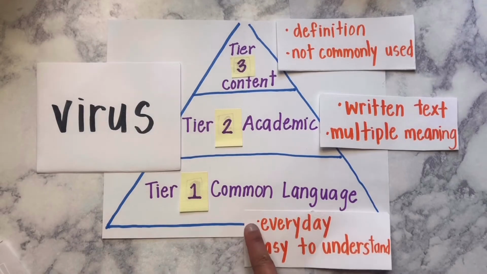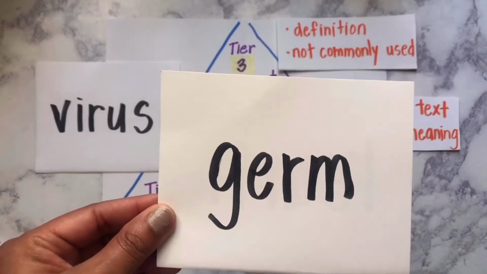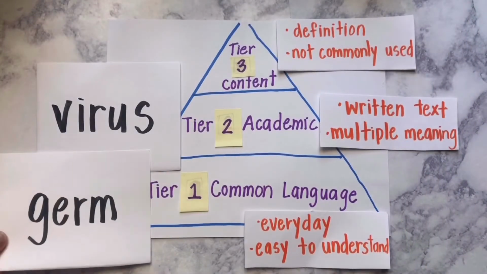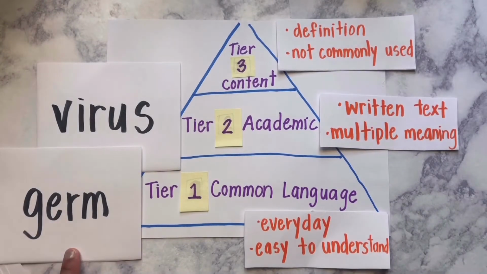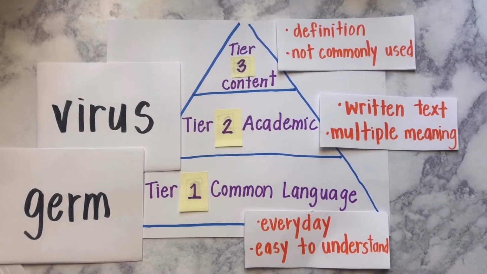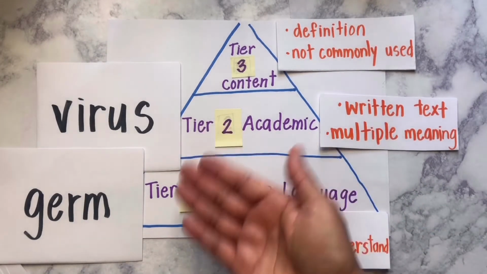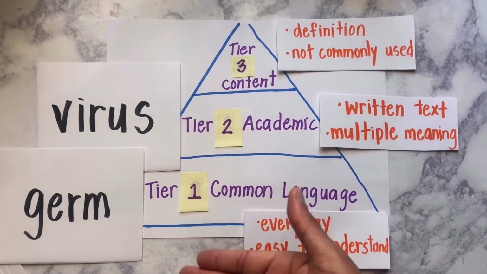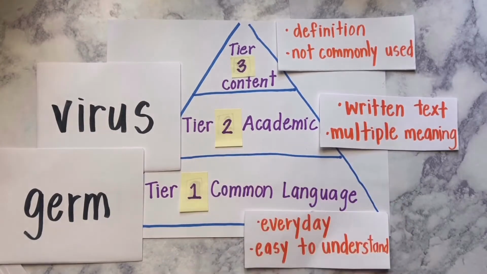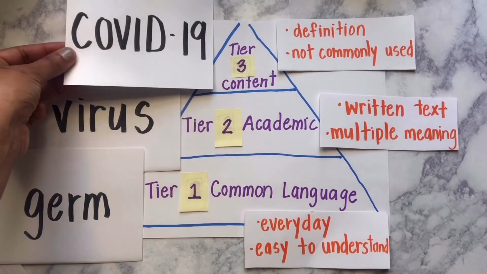For tier 1, we can say the word germ or germs. It's more commonly used. And then a tier 3 content word related to this subject, related to this topic, would be COVID-19.